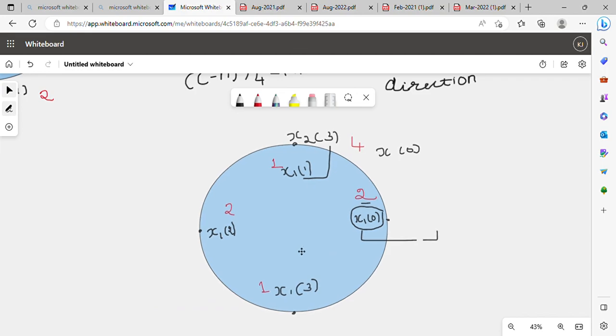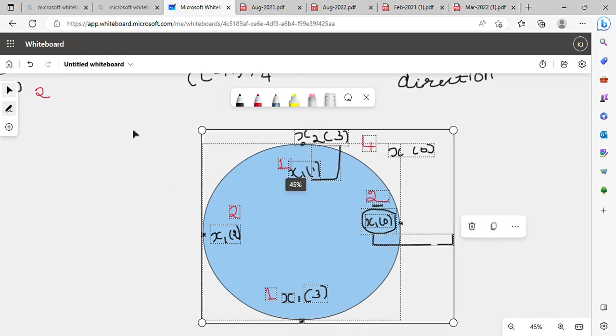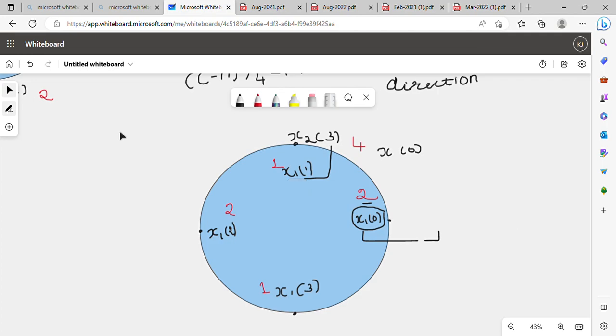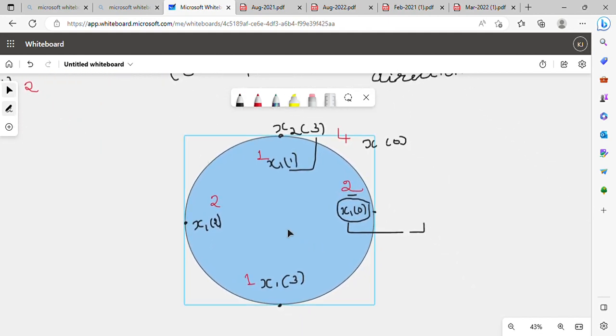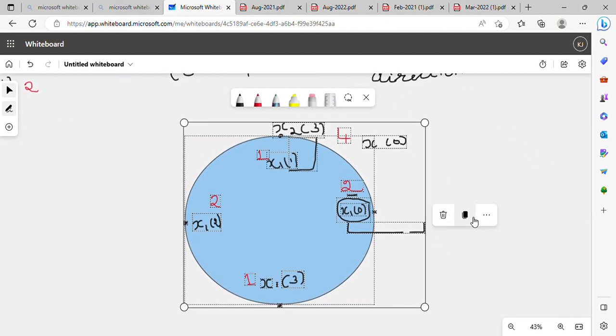So I got this circle pasted. So let me now get back to the other one. This circle, let me just copy and let me just paste it over here.